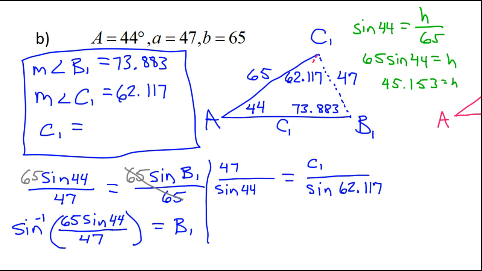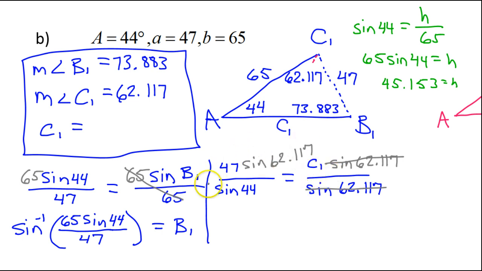To get C1 by itself, I need to multiply both sides by the sine of 62.117. All right, that way these will cancel out, and that will give me C1.